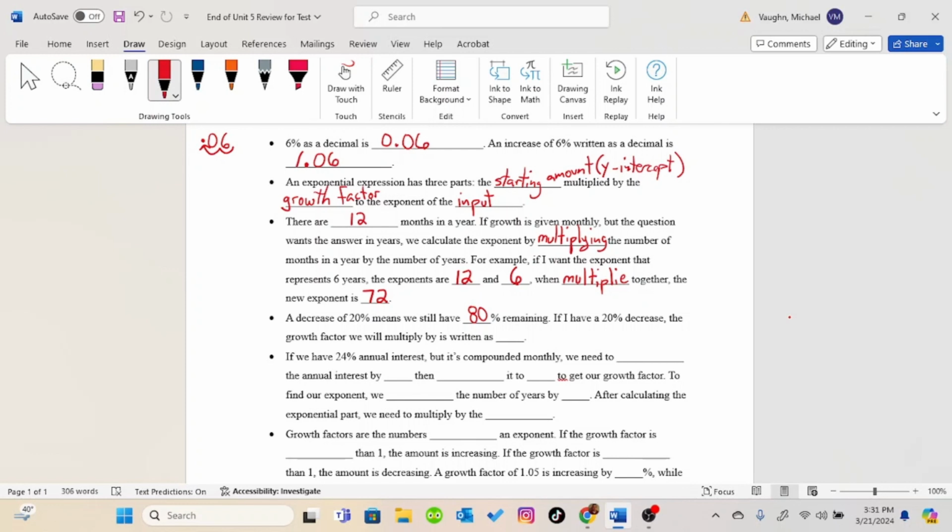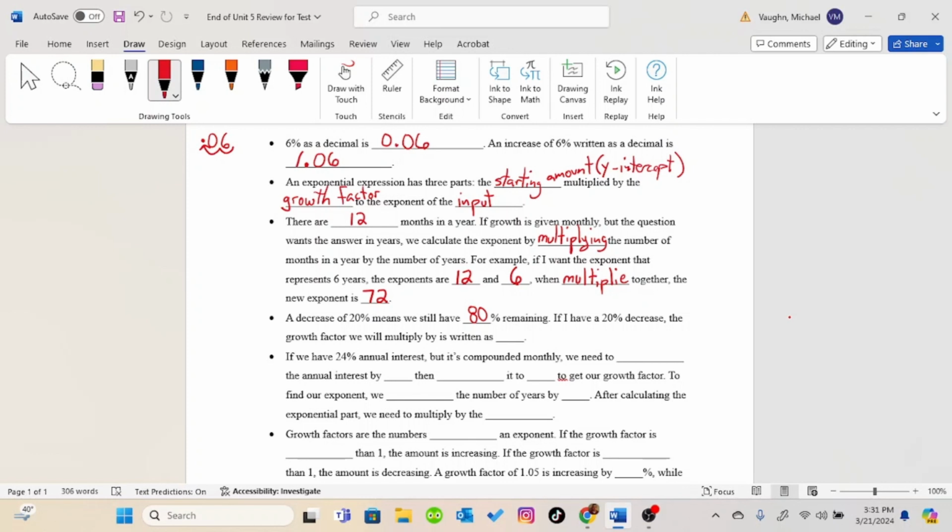If I have a 20% decrease, the growth factor we will multiply is written as, remember that when we have a 20% decrease, we are not trying to find out how much we decreased by.